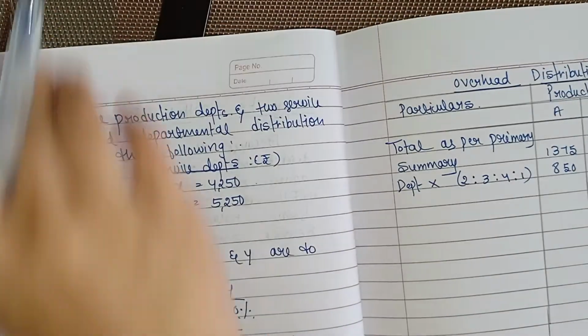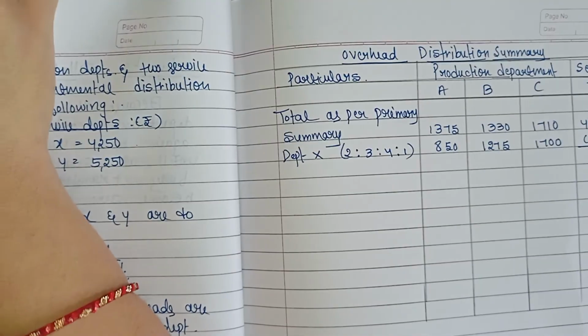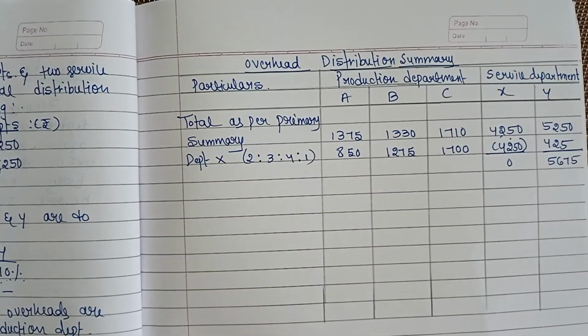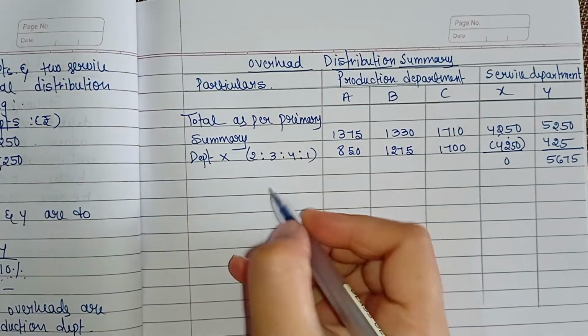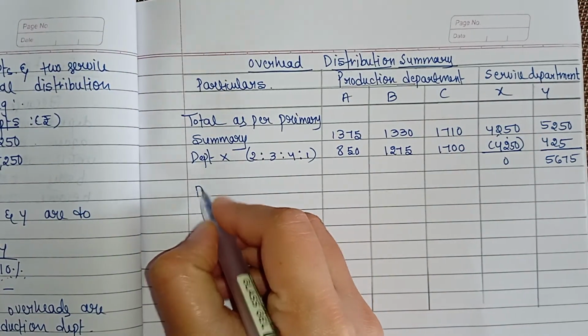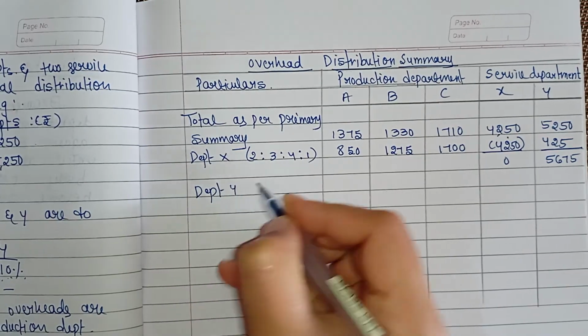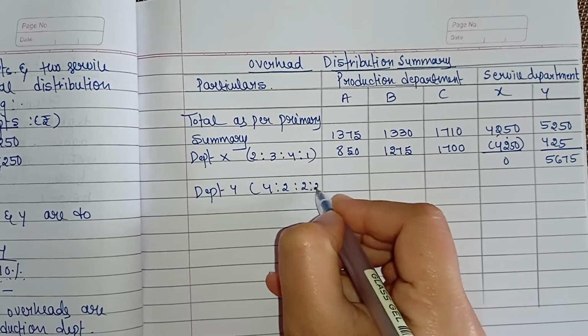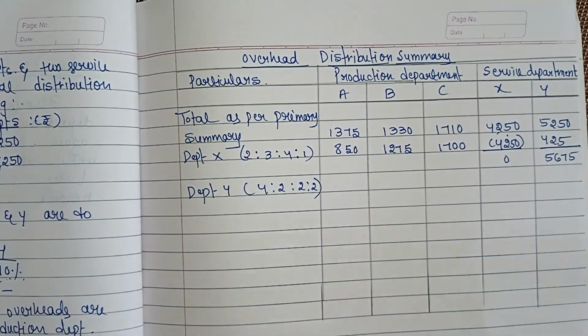So write down Department Y, 4:2:2:2, 10.